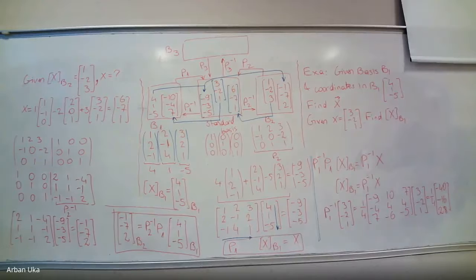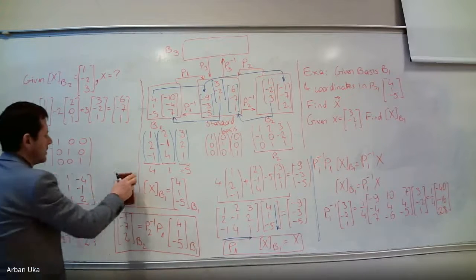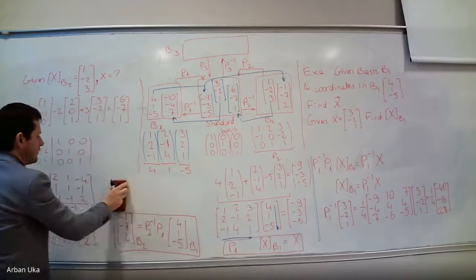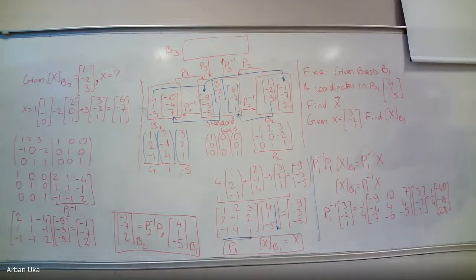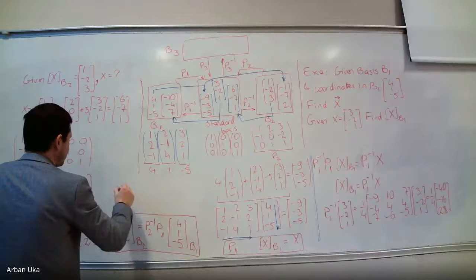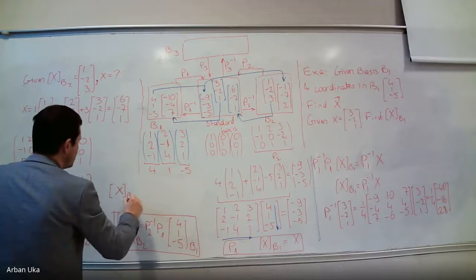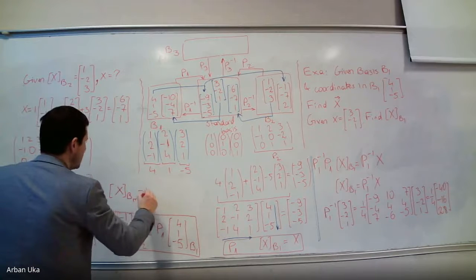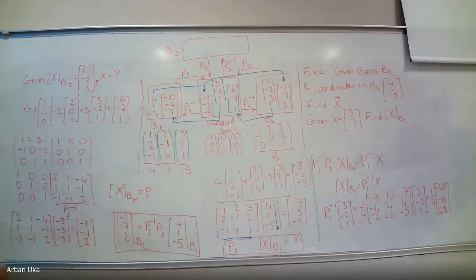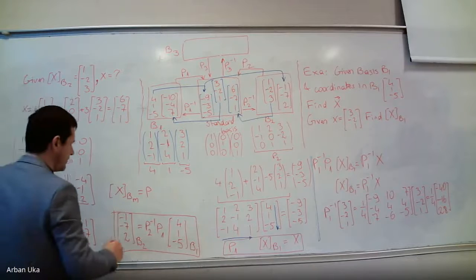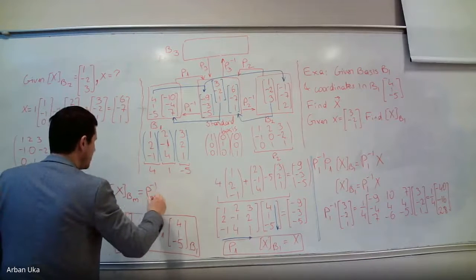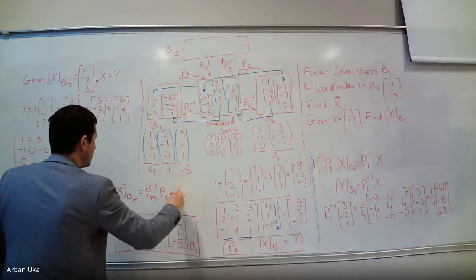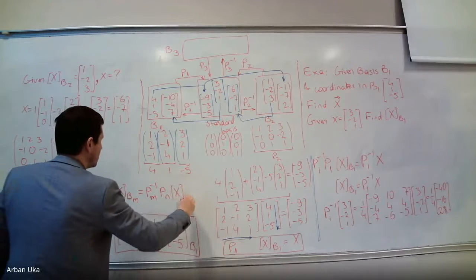Okay, so what we observe here, we could in principle say that any coordinate vector x according to basis, let me call this basis Bm, where m can be any number, would be equal to the matrix composed of the basis vectors of Bm, this would be inverse Pm, x in Bm.